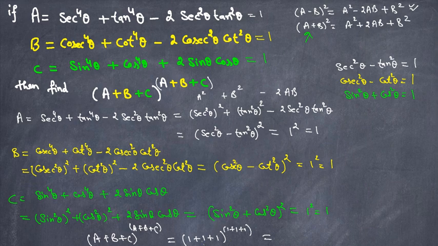So that gives me 1 plus 1 plus 1 is 3 raised to power 3, which is 3 times 3 is 9 times 3 is 27. So that is my answer. So a plus b plus c raised to power a plus b plus c is equal to 27. That's the value. All right.